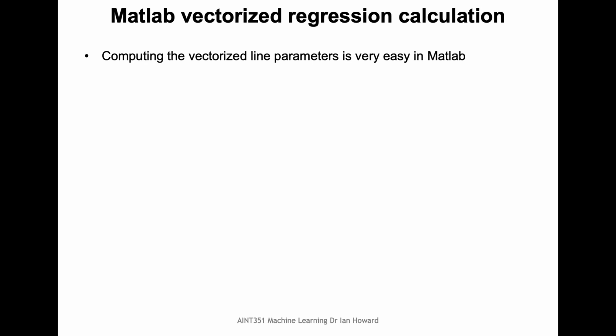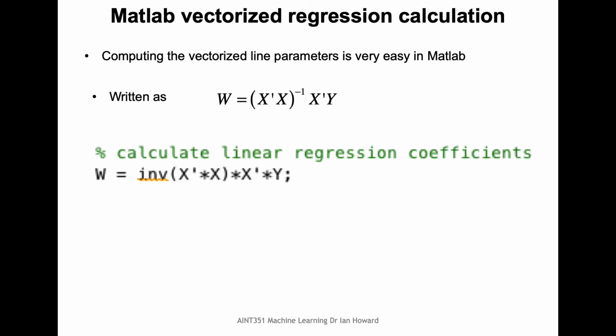So I mentioned it earlier, but we'll just say one more time. Computing the vectorized parameters in Matlab is a very easy thing to do. First of all, we put the data in appended matrices, so don't forget we've got to account for the last value being a 1. So we've got our x vector transpose times x vector, take the inverse, then it's the x vector transpose multiplied by the y output vector, and that will just directly give us the weight matrix.